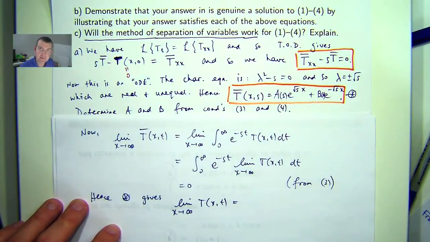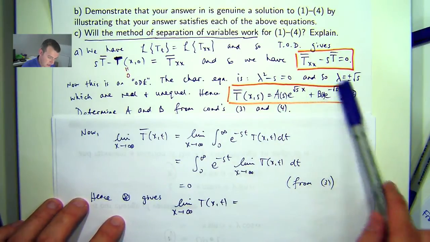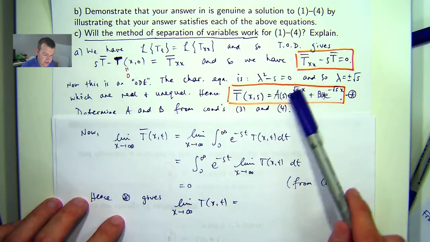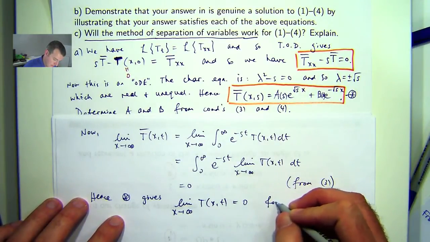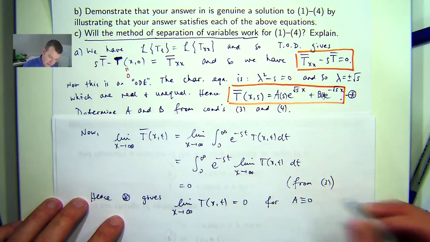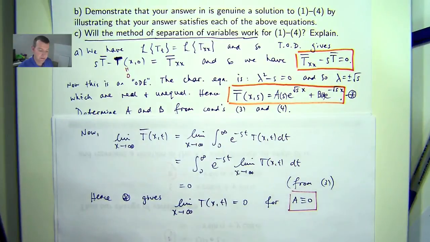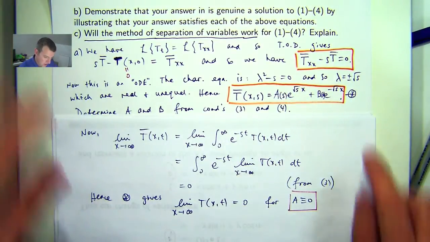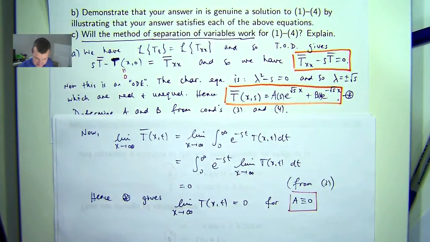Okay, remember s is positive in this context, so this will certainly go to 0 as x goes to infinity. But what about this? Well, this can only go to 0 if the coefficient is 0. So we've calculated big A, it's just the 0 function. So this term really disappears. Okay? What about this term? We want to find the coefficient b of s here.